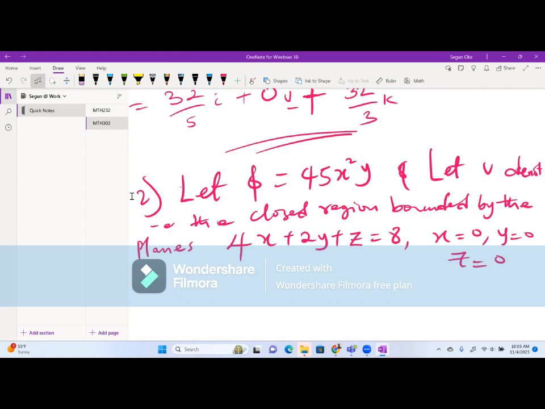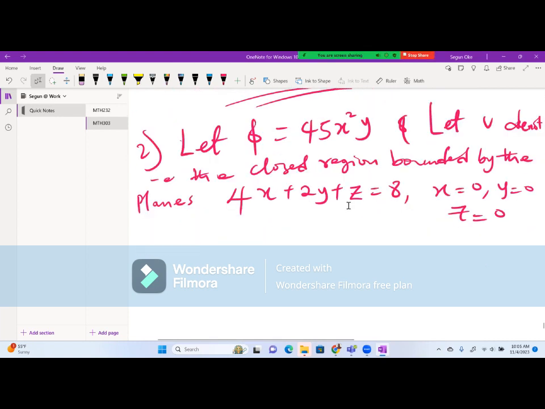You need to be very, very careful in solving this problem. We are given phi, which is our question. Look at it. The solution will be the integral of phi dV.